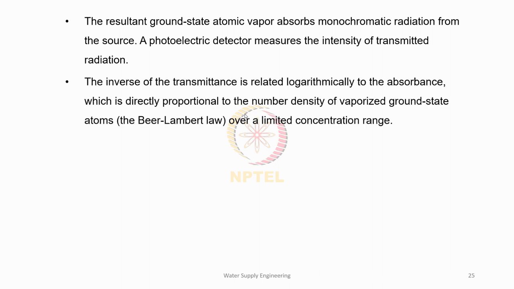Once this transmitted radiation is calculated, the inverse of this value is related logarithmically to the absorbance, which is directly proportional to the number density of vaporized ground state atoms. So that is how we detect the quantity of metals and metalloids.